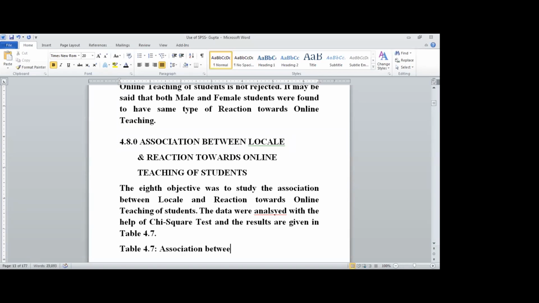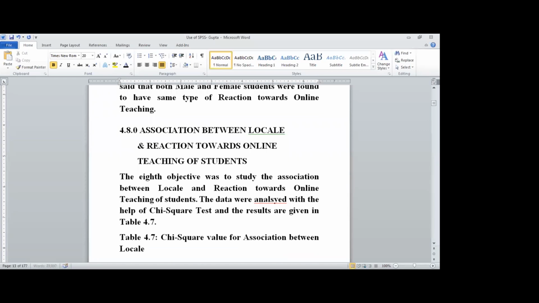Chi-square value for association between locale and reaction towards online program or online teaching of students.